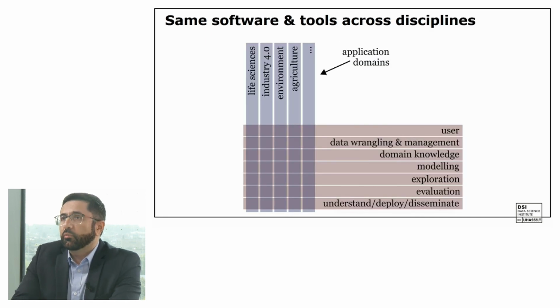For this reason, we work on different application domains, and the tools that we develop for some of these application domains can be transferred to other application domains. For this reason, we are open to explore new opportunities in different applications.